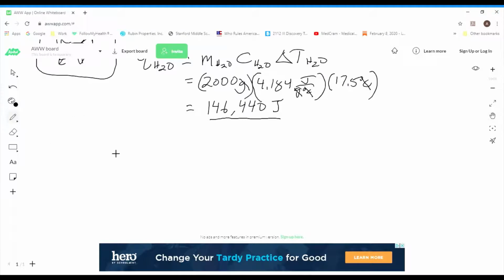So this number comes out right. We got 146,440 joules. Then we want to convert it. If you look up the relationship between joules and calories, there are 4.184 joules in 1 calorie.